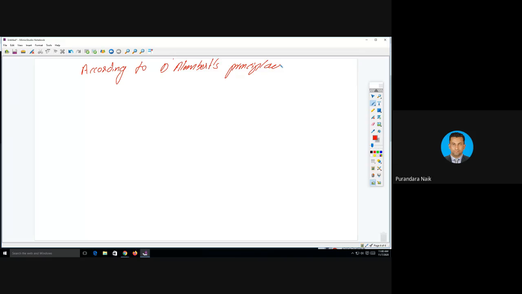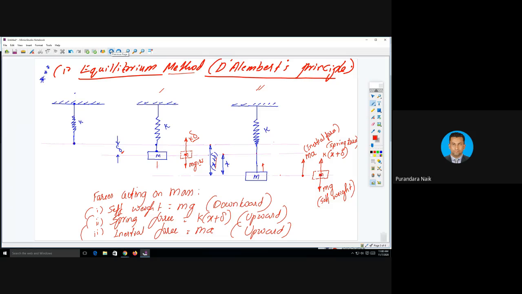Summation of all the forces must be equal to 0 in equilibrium condition. Also, forces and couples must be equal to 0 in equilibrium condition. Let us consider the third position is in equilibrium condition. Summation of all the forces must be equal to 0. What are the forces? Inertial force, spring force, and self-weight.